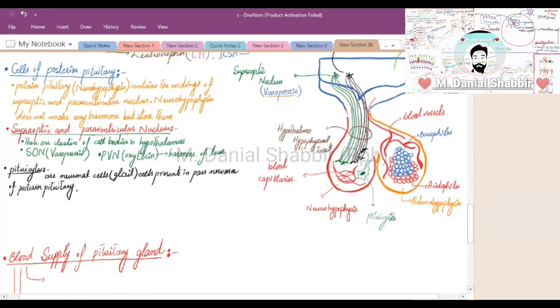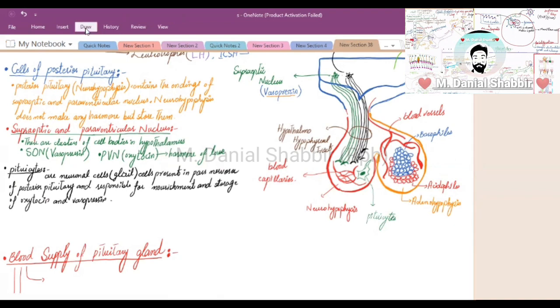And these pituicytes are responsible for nourishment and storage of oxytocin and vasopressin, right? As you can see in this diagram, the green neuronal cells are pituicytes, right?